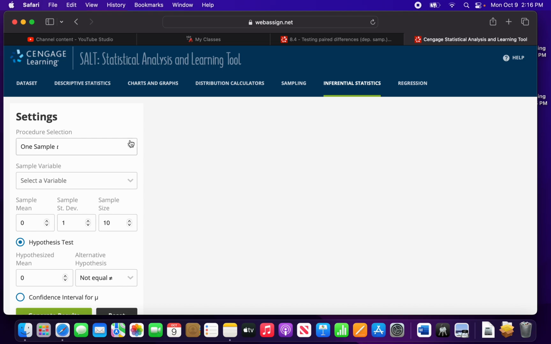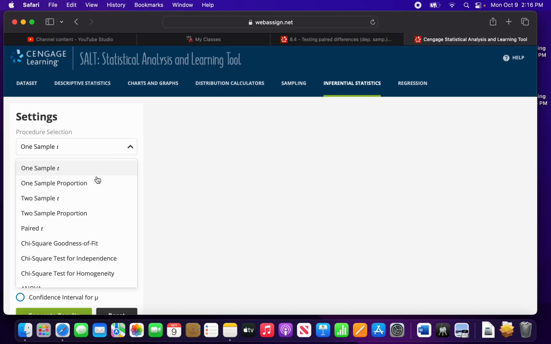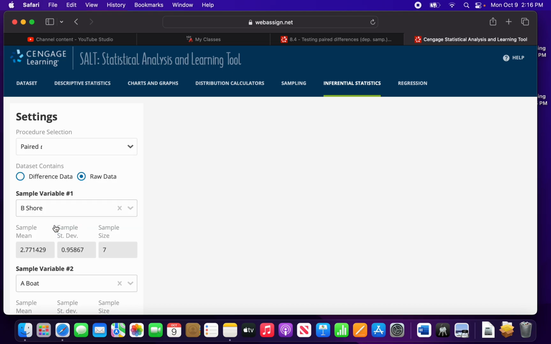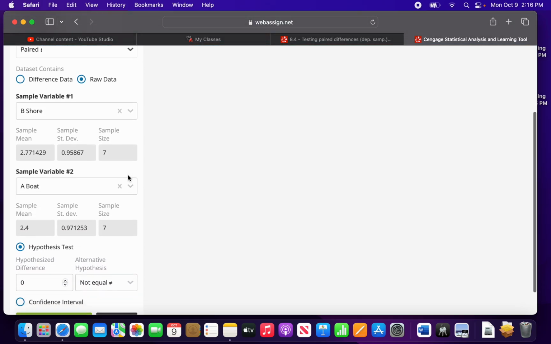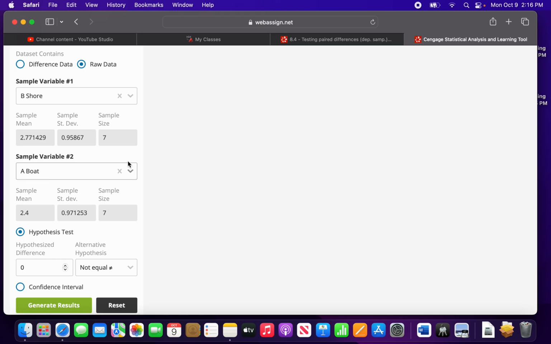Under settings, we're going to change this to paired t, and we're going to leave the order the same. SALT knows the order it's supposed to calculate. Variable 1 is the number of fish caught per hour from the shore. Variable 2 is the number of fish caught from the boat per hour. We're going to leave those where they are.